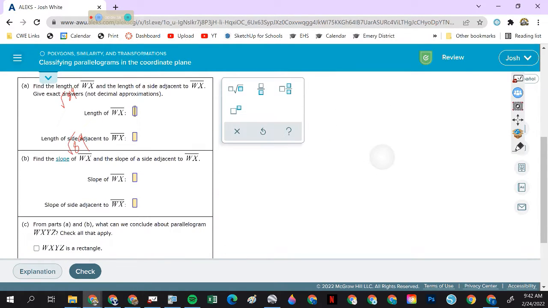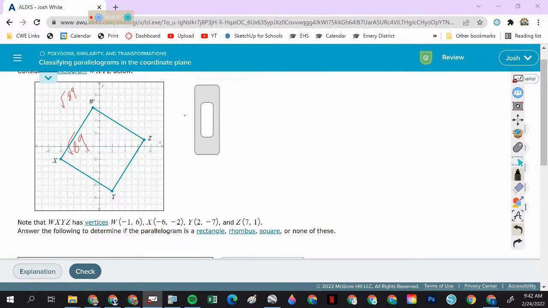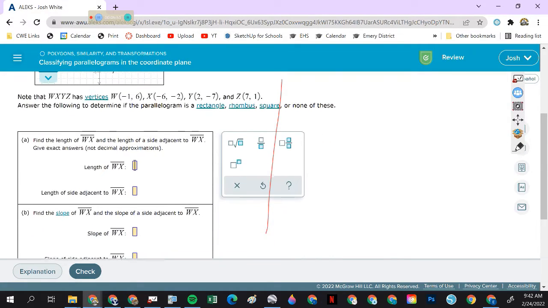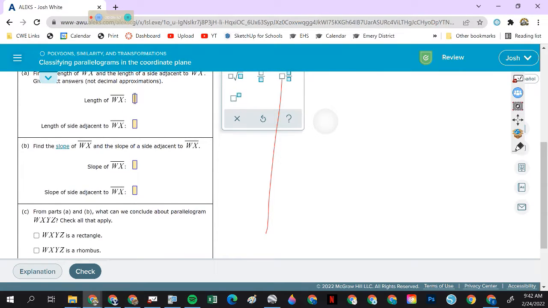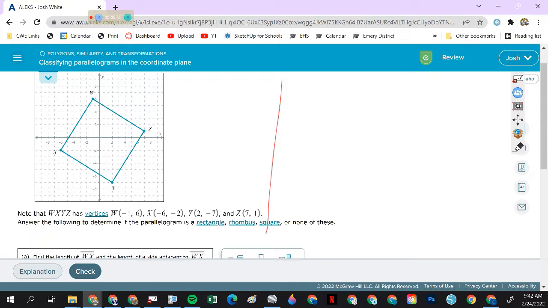Okay, and then you'll find the slopes. So the slope of WX is up 8 over 4, or up 5 over 4. And then the slope of a line adjacent to that would be down 5 over 8.